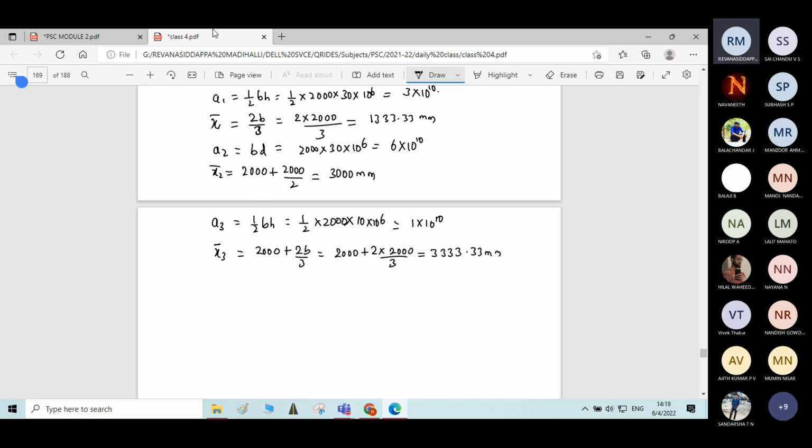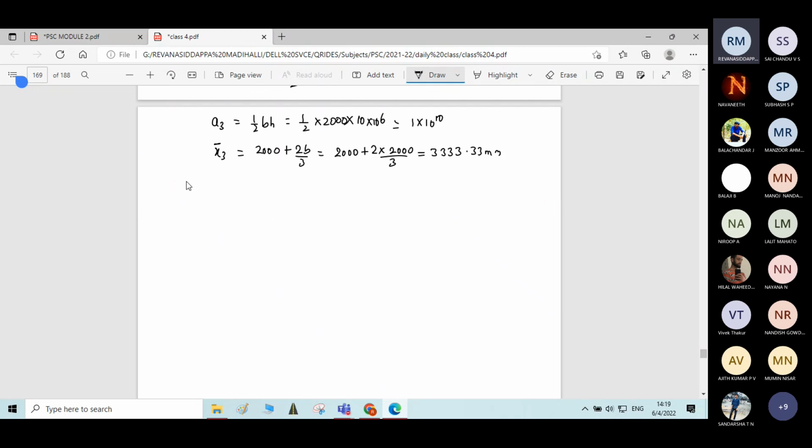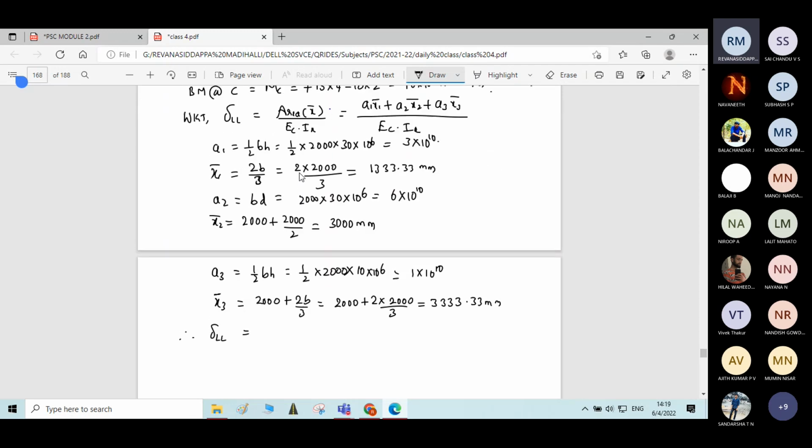Now you can easily find the deflection due to the live load. Therefore, deflection due to live load is equal to A1 x1 bar, 3 into 10 power 10 into x1 bar 1333.33, plus A2 x2 bar, 6 into 10 power 10 into x2 bar 3000, plus A3 x3 bar, 1 into 10 power 10 into 3333.33, whole divided by Ec into Ix.